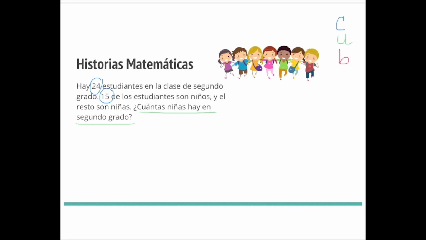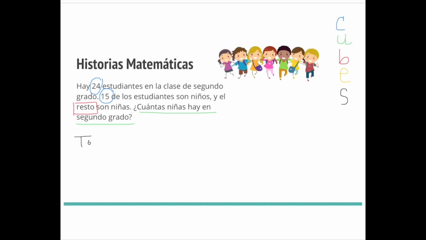Sé que hay 15 niños y quiero saber el resto. ¿Cuántas niñas hay? Para mí, esa es una palabra clave. E, voy a eliminar información que no es importante. He utilizado todo mi problema verbal, así que voy a pasar a la S y voy a resolver.